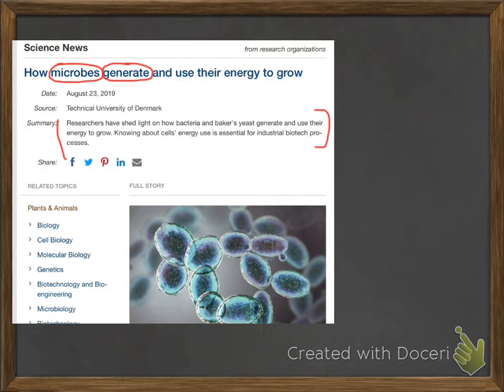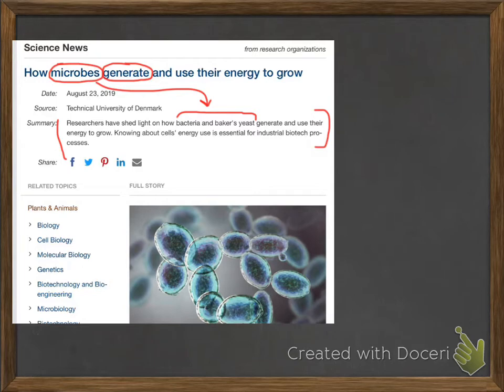Knowing about cells' energy use is essential for industrial biotech processes. Well, if I wasn't sure about microbes, but I thought it might mean little things, that right there gives me a pretty good clue. Now, I'm still going to go ahead and look it up.